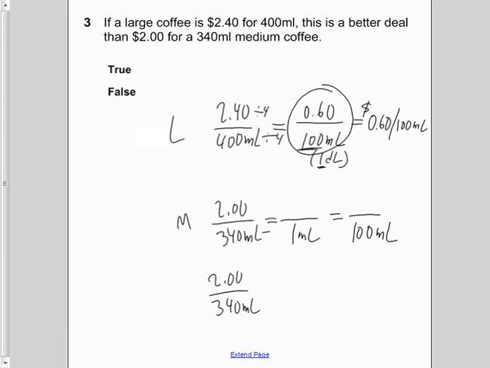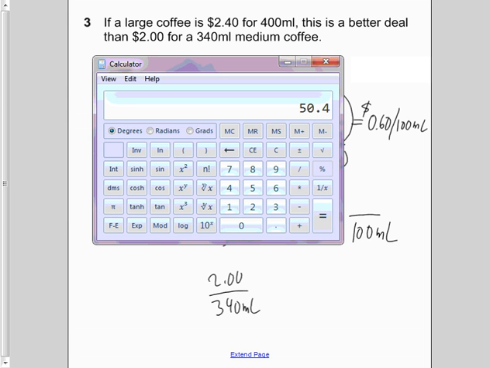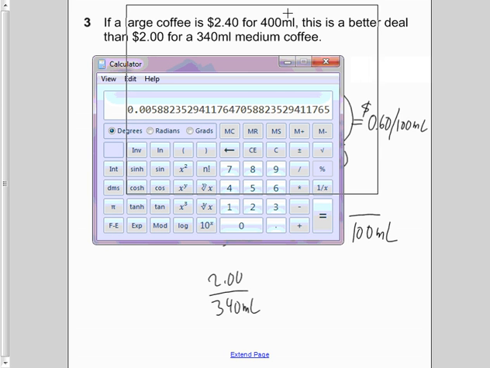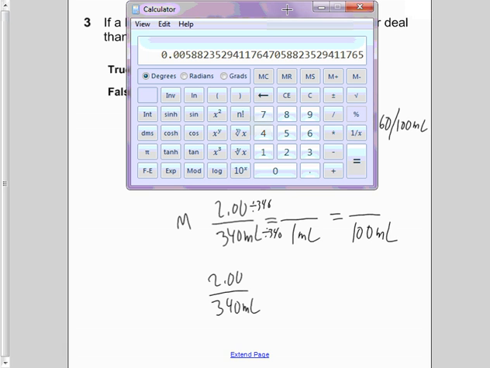So to get to 1, you know you divide by 340, but there's a problem with doing it this way. And the problem is when you take $2 and you divide it by 340, you get a lot less than a penny. You get just over half a penny per milliliter. So if you do it this way, you have to make sure you keep 5 decimal places. So I'm going to keep those 5.